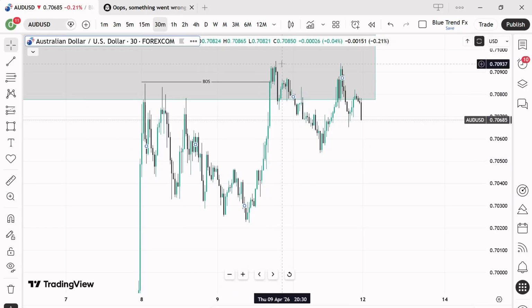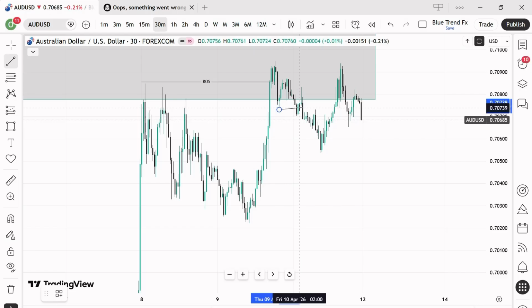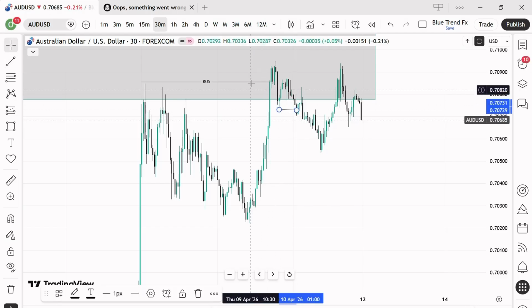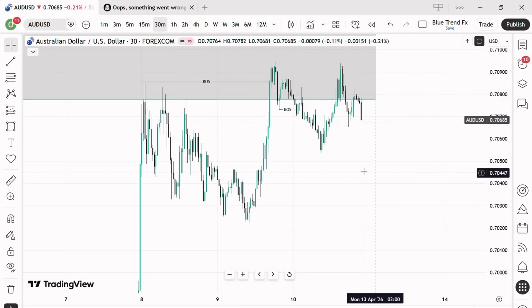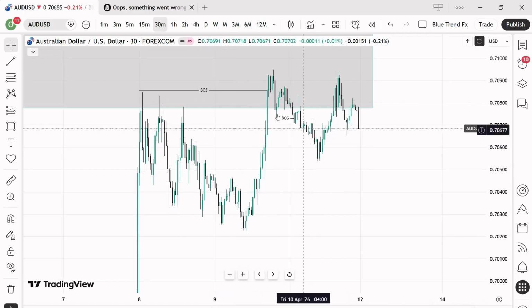Right here, we can see this is what we will consider as a swing point, swing level. We have another break of structure, which some people will see as a change of character.